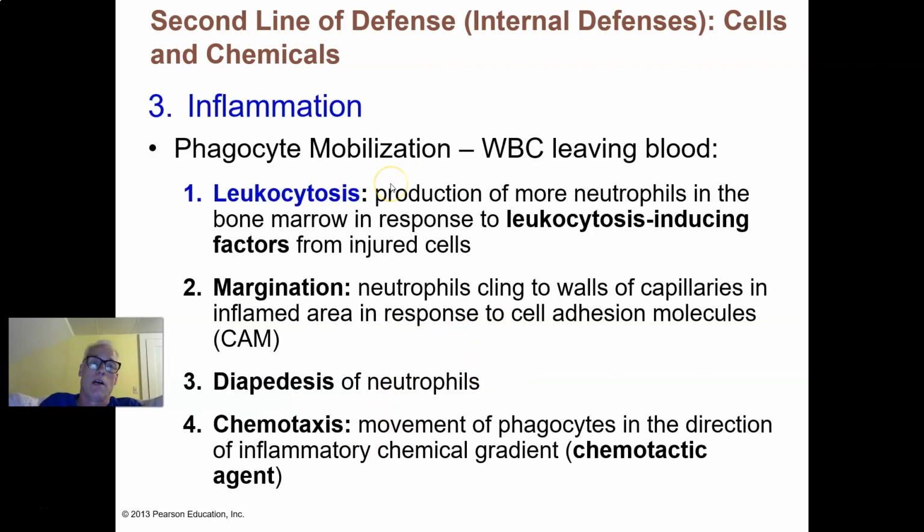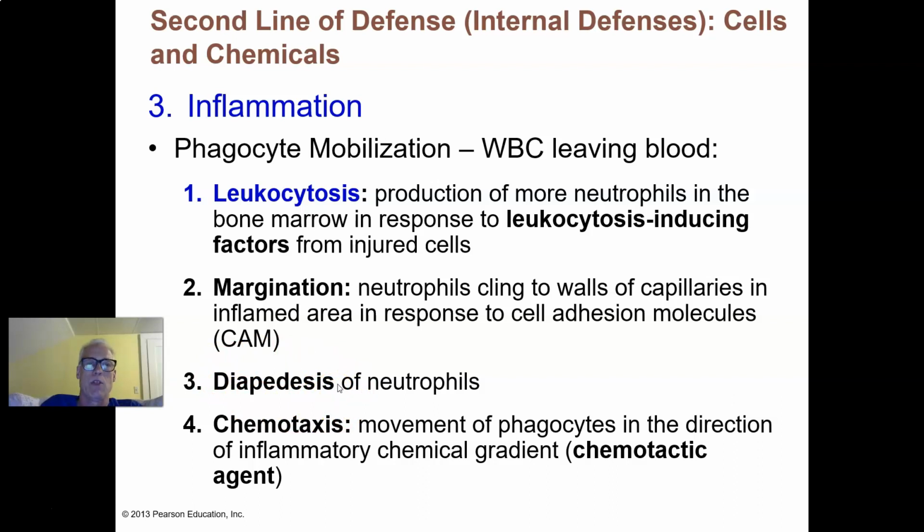Here's just a quick description of the steps involved in leukocytes, neutrophils getting out of the circulation, and monocytes as well. So first we have leukocytosis, an increase in the number of neutrophils in the blood. When they come to a site of inflammation, the endothelial cells are producing cell adhesion molecules because they become activated as well. The cell adhesion molecules stick those neutrophils to the wall of the blood vessels, and then they squeeze through somehow in between the endothelial cells.